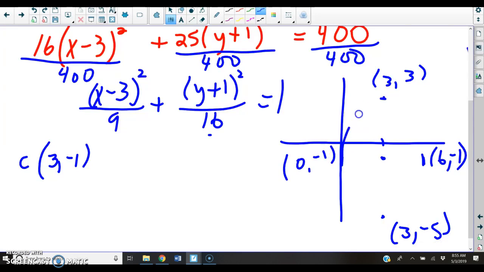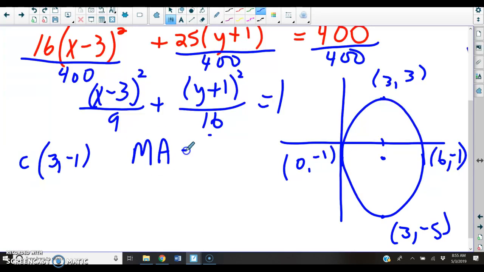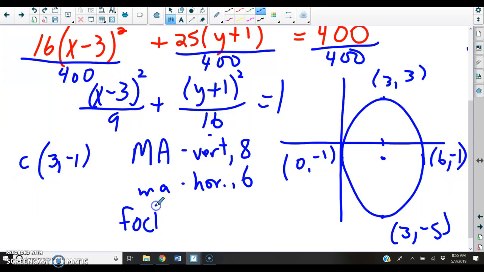Okay, so now I can sketch my ellipse. Hey, not even too bad. Okay, so my major axis is vertical, and its length is 8. The minor axis is horizontal, obviously, and its length is 6. My foci are going to be on my major axis.